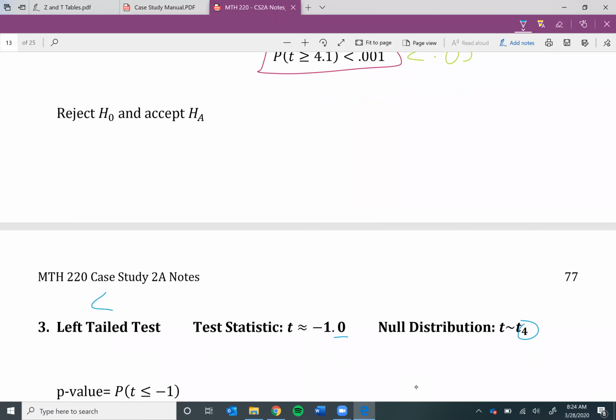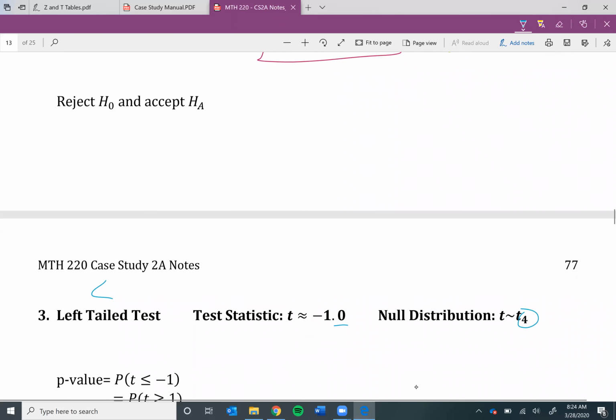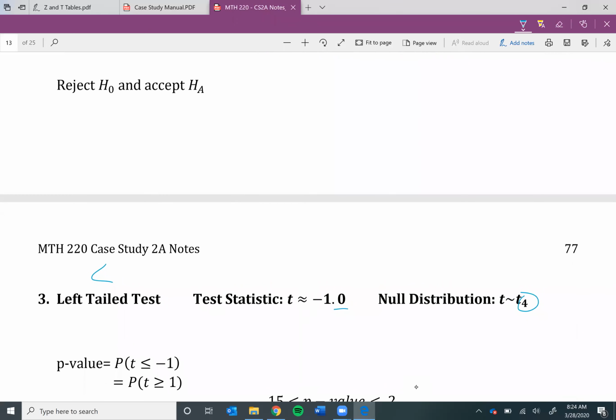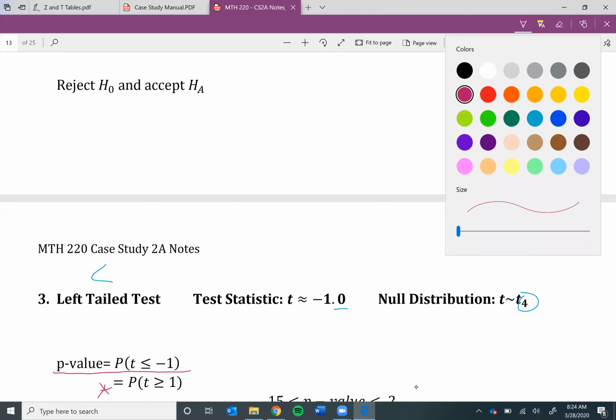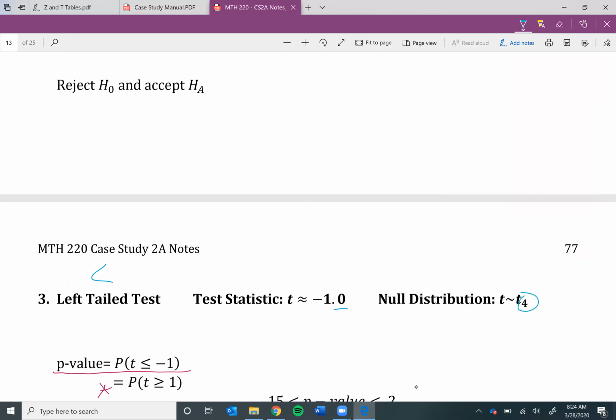Okay, now our t-table doesn't give us less than or equal to, so we're going to use the idea of symmetry to help us out here. If I stick with my colors, this is the p-value statement. What's down here is just what we're going to be thinking about whenever we go to use our chart.